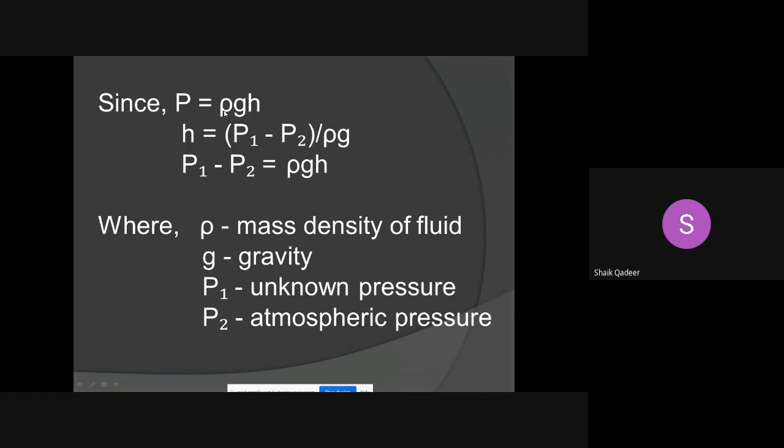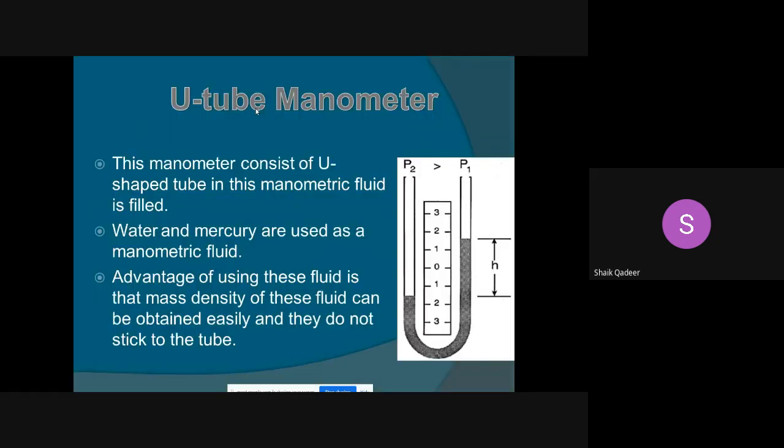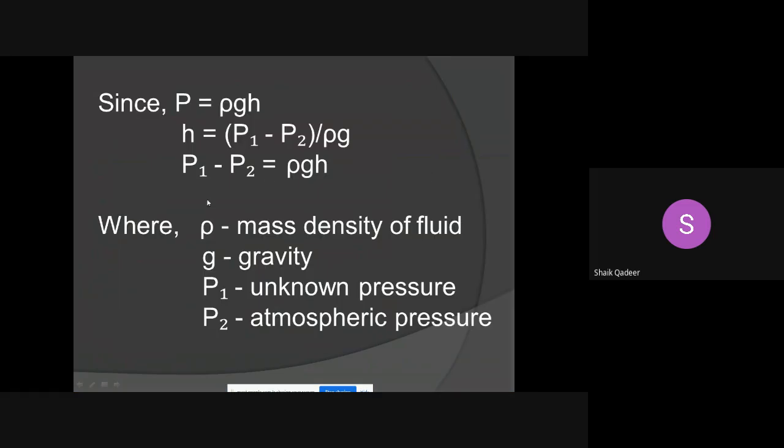Rho is nothing but the mass density of the fluid. If it is water or mercury, we know that. And g is the acceleration due to gravity, and the height comes out because of the change in pressure. So if we measure the value of height, we can calibrate it in terms of pressure. So P1 minus P2 is simply equal to rho g h.